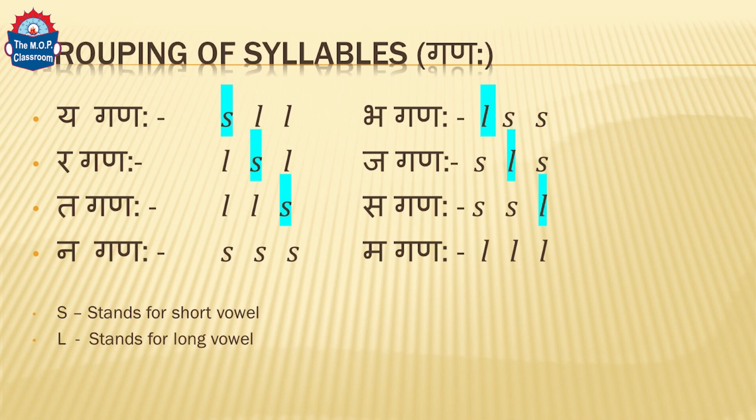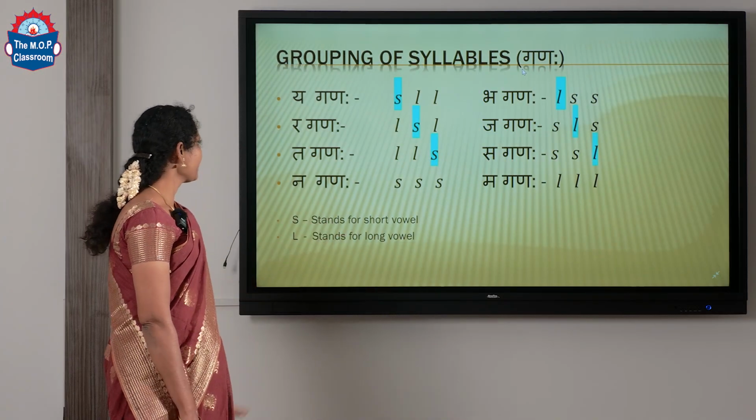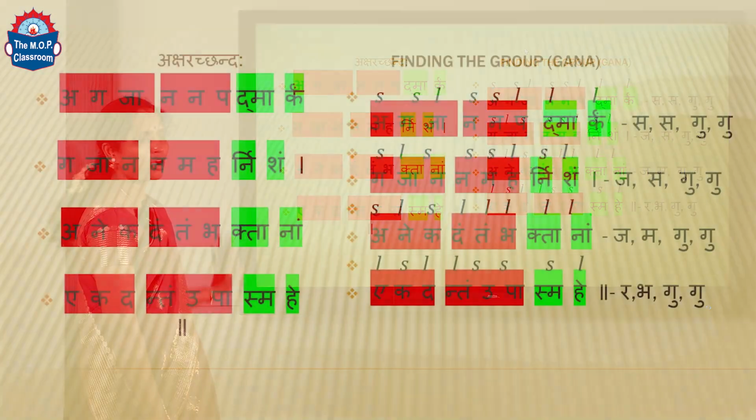So, if you remember like this, yarata, 1, 2, 3, short, bhajasa, 1, 2, 3, long, it will be easier to remember. And naganam is all short vowels, and maganam will be all long.